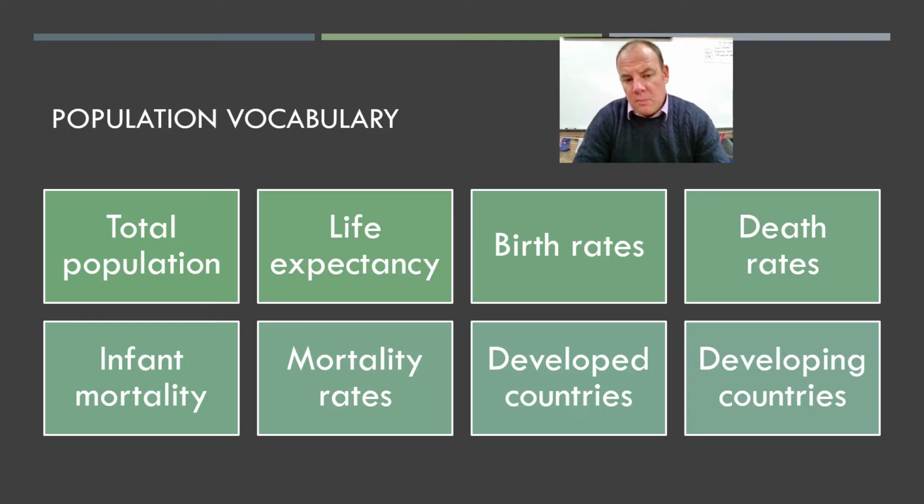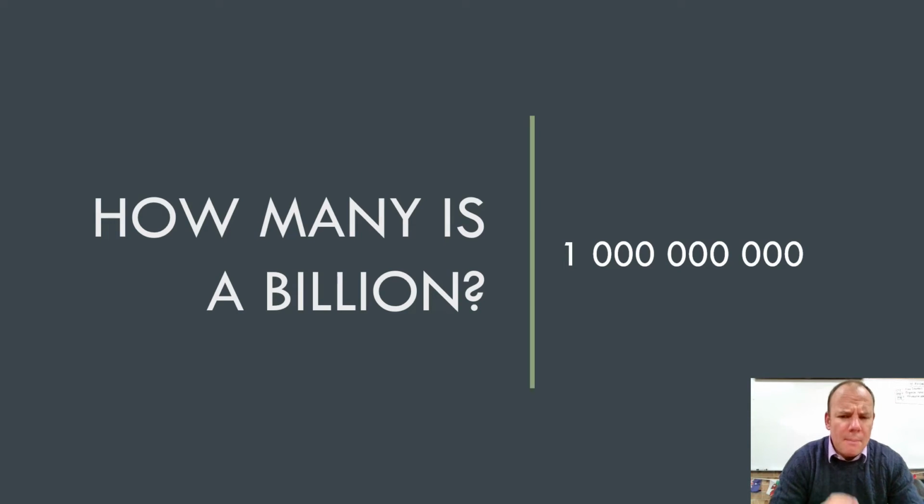So it's really important, those key words, and in a minute I'm going to talk about how important the changing rate and nature of the world's population has been. So remember, the world's population is about 7.5 billion. Australia's population is about 25 million.